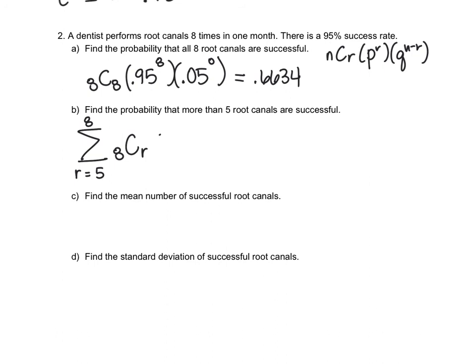So it's 8 choose R times 0.95 to the R times 0.05 to the 8 minus R. It's extremely important that when you are typing this in your calculator, that entire formula is contained within the set of parentheses for the summation. Otherwise, you are going to do the summation incorrectly and not get the correct answer.